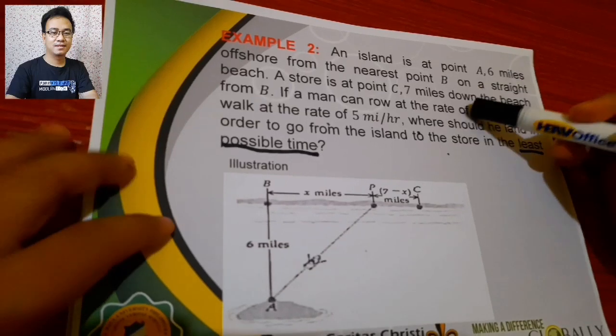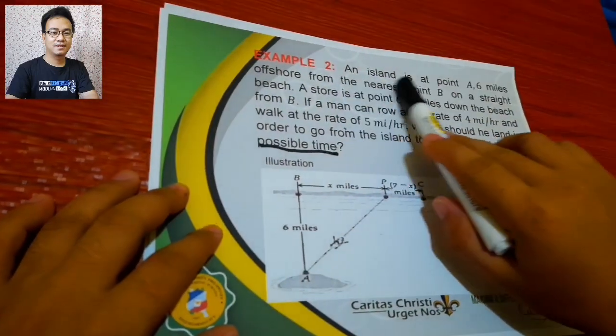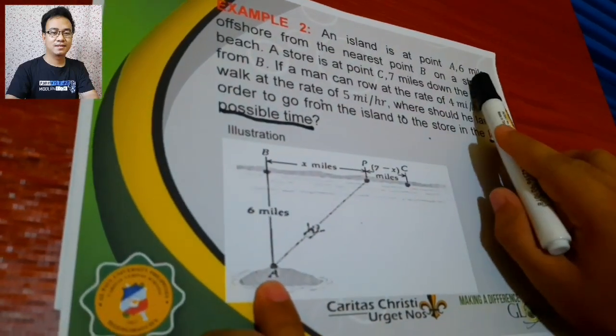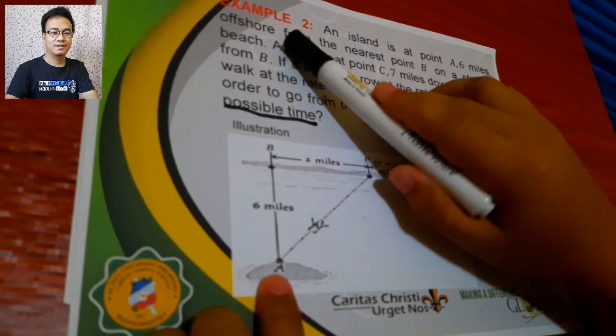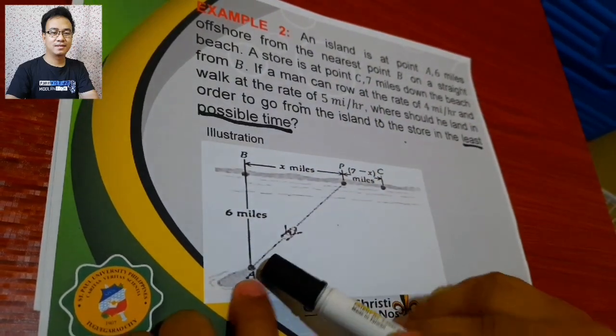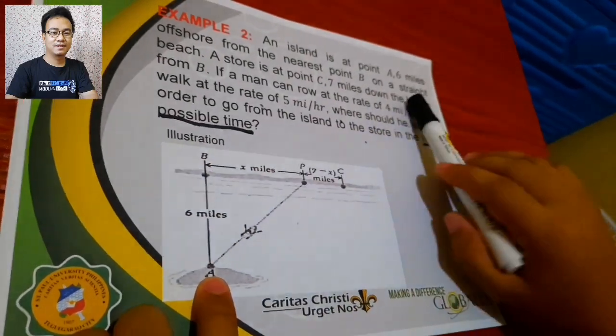Now, try to study this illustration. Sabi niya, an island is at point A. So, this is the island. This is point A, which is 6 miles offshore from the nearest point B. This is the point B, and the distance is 6 miles.